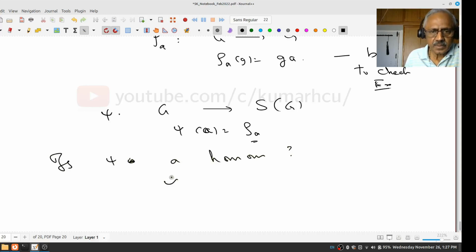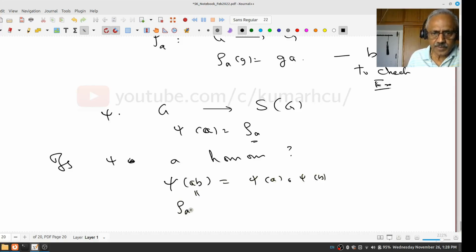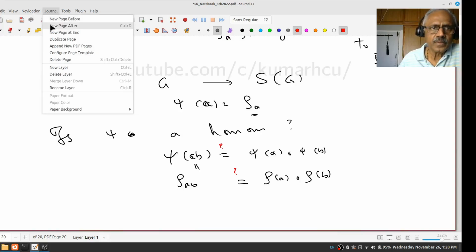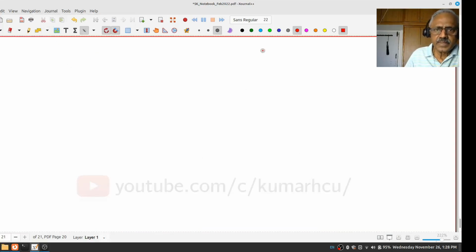That is, xi of AB equals xi of A composite xi of B. But xi of AB is rho of AB; is it equal to rho of A composite rho of B? Let us answer this. When are they equal?